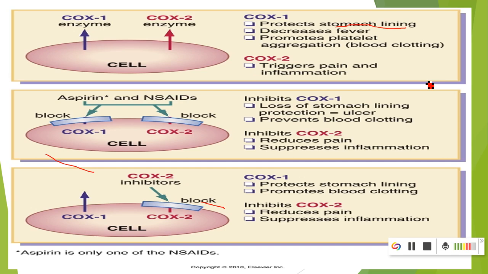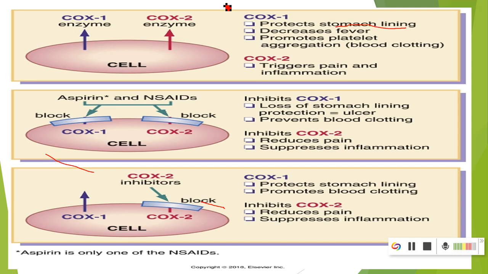The goal here is to decrease the inflammation and pain, correct? So how can we do that? We are going to inhibit COX-1. So now we are doing the reverse of it, right? First we understood the function of COX. Now we are going to understand what happens when we inhibit COX-1. So when we inhibit COX-1, what's going to happen?